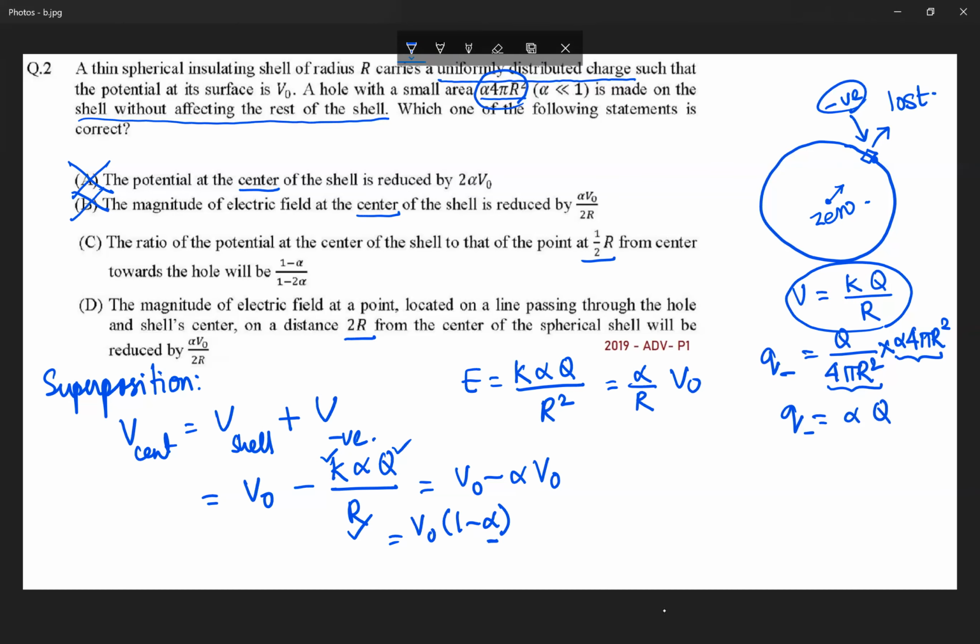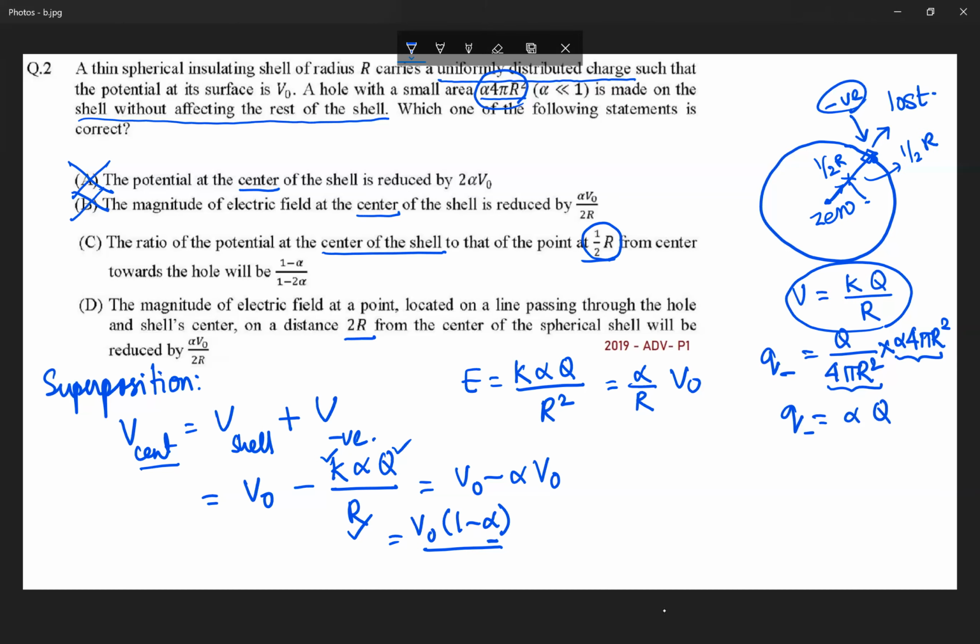The ratio of the potential at the center of the shell to that at a point half R from the center. We have already found out the potential at the center is V0 into 1 minus alpha. A point that is at a distance of half R from the center is also at a distance of half R from the surface.